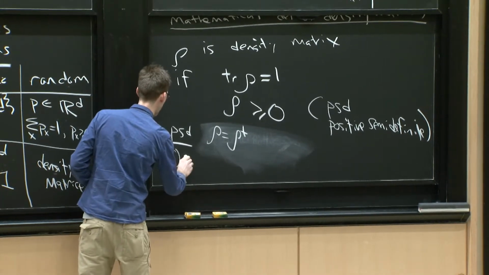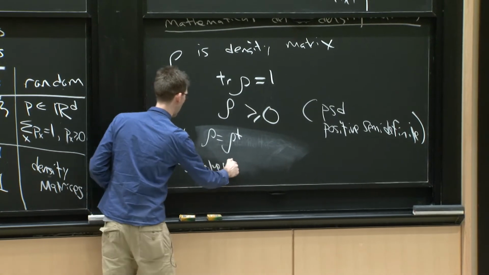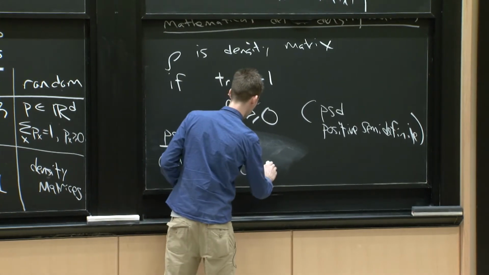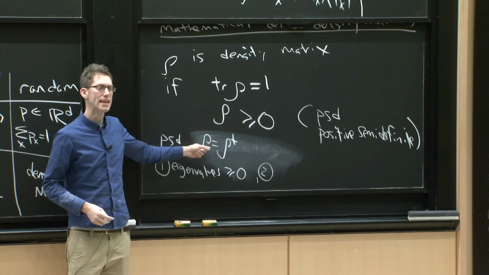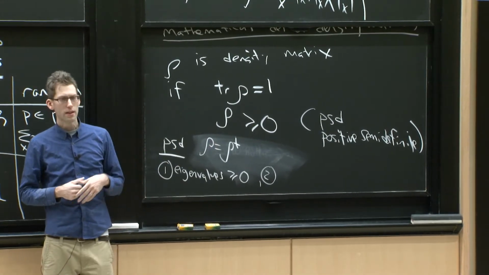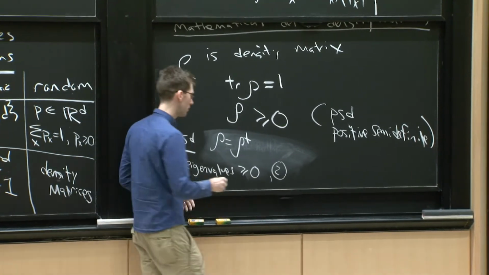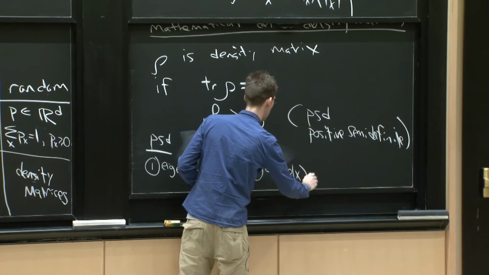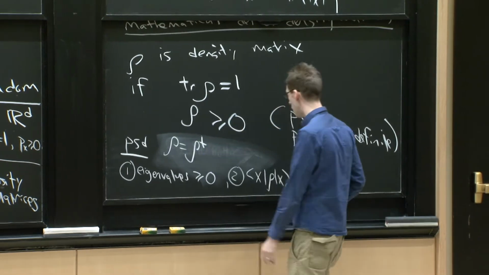So you can either ask that the eigenvalues are all greater than or equal to 0. You can ask that if you take any expectation of rho, or if you think of it as a quadratic form, you always get something which is non-negative. So x dagger rho x is greater than or equal to 0 for all states x.